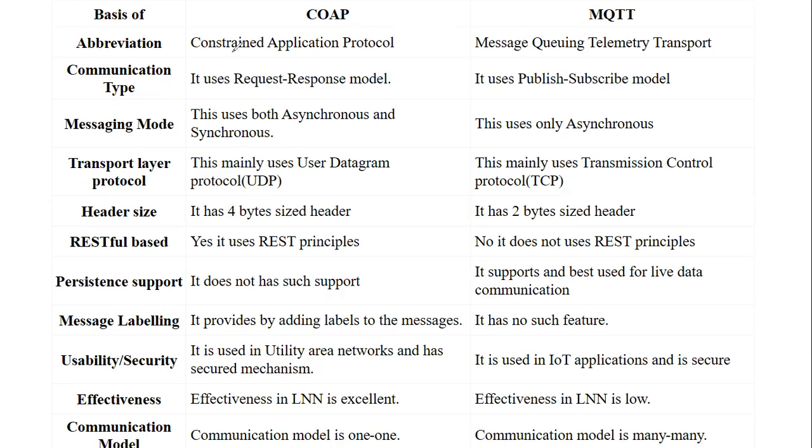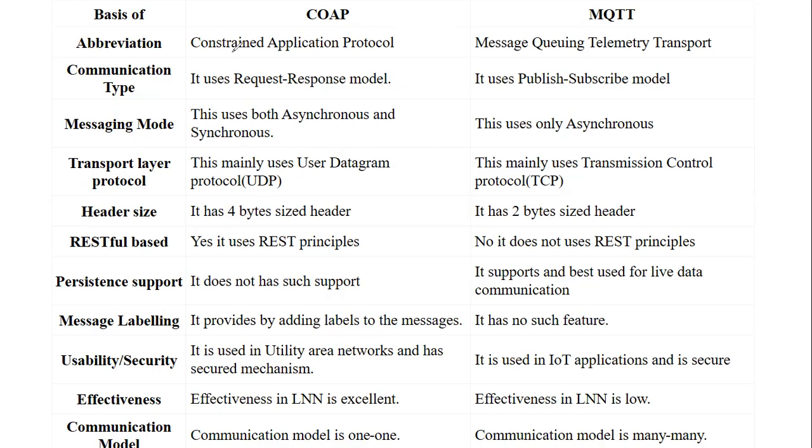And the transport layer protocol involved in CoAP is UDP, whereas in MQTT, this is the TCP protocol, Transmission Control Protocol. The header size of the CoAP protocol is 4 byte, whereas in MQTT, the size of the header is 2 byte.